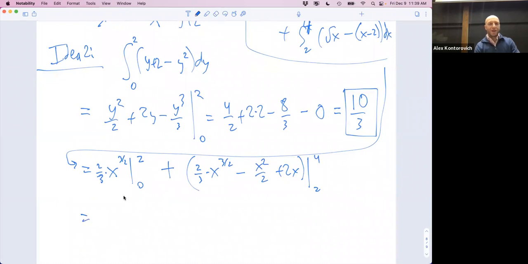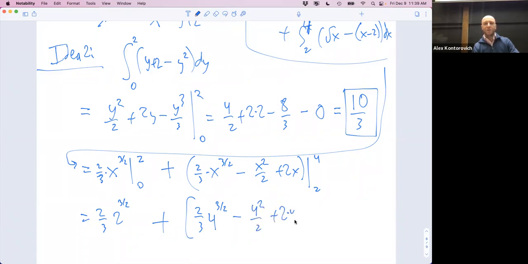Okay, so check this out. I'm going to get a 2/3 2 to the 3/2. At 0, I get nothing. How about here? I get 2/3 times 4 to the 3/2, I'm evaluating this at x equals 4. 4 to the 3/2 minus 4 squared over 2 plus 2 times 4.